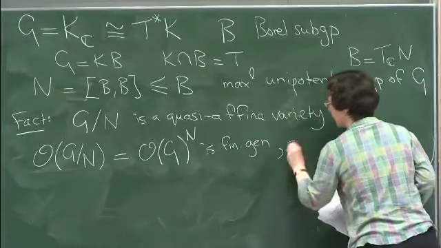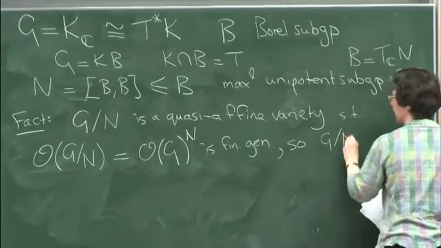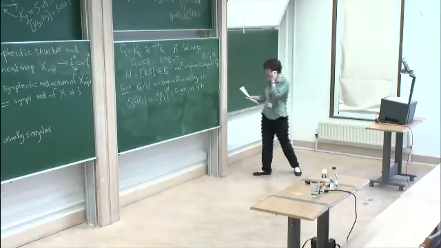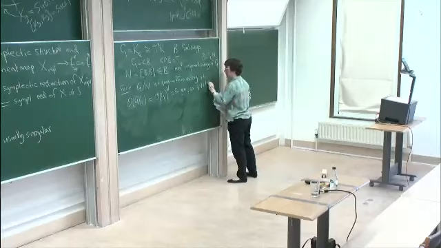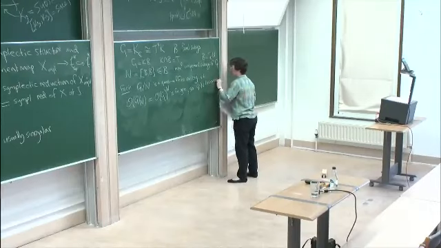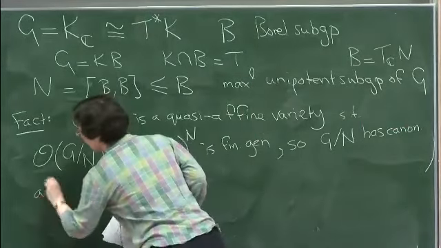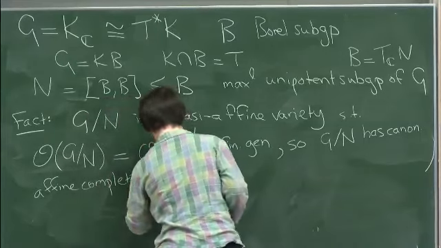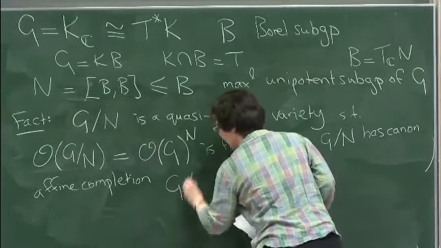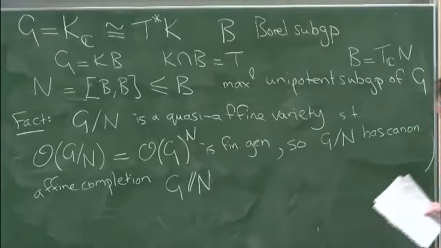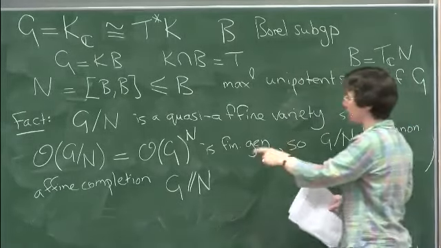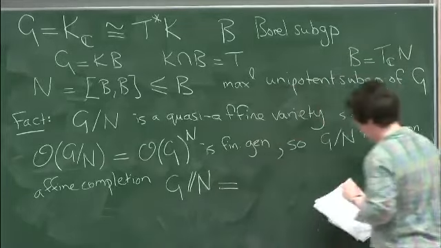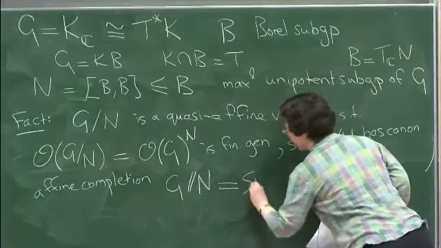And so that means that this quasi-affine variety has a canonical affine completion, which we can think of as being the non-reductive GIT quotient of the complex group, which is just Spec of the invariants.